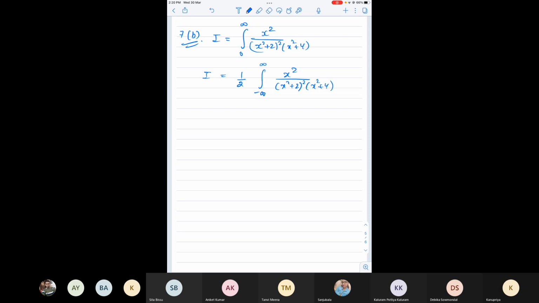Now with the same trick, you can convert it into the limit as r tends to infinity of the integral from minus r to r, and choose the curve to be a semicircle of radius r. Now what will be the singularities in the semicircle?